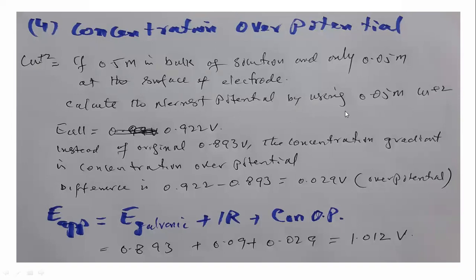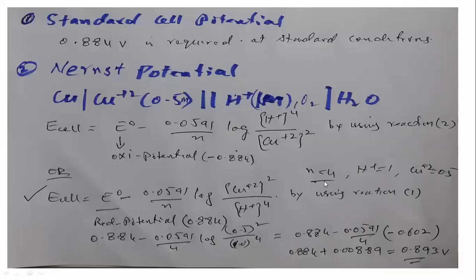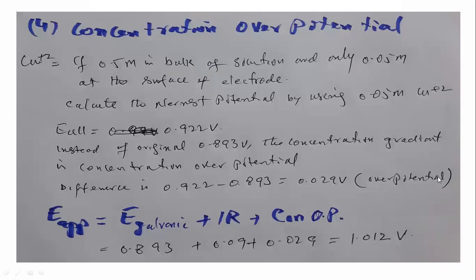You just put 0.05 for the copper ion concentration in the same equation as we have done here, instead of 0.5. When you calculate, you will find the value of 0.922. Again, I am saying, you must do this at home after the end of this lecture, so you will understand.